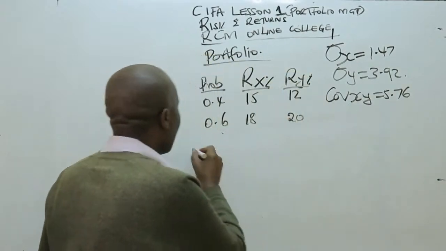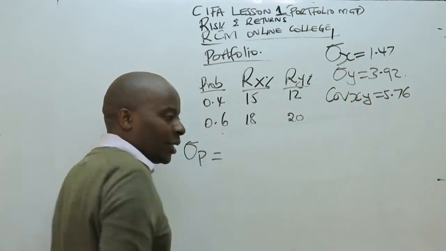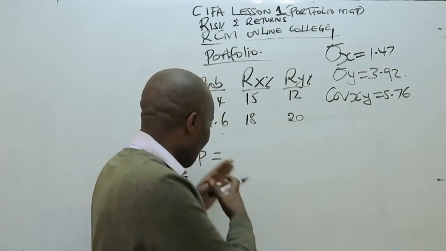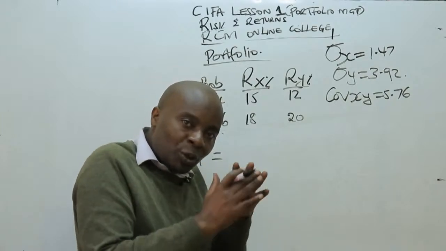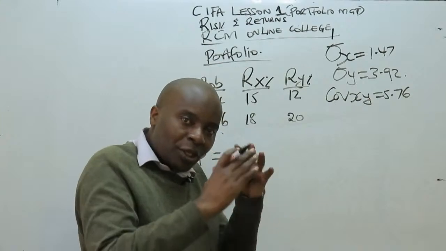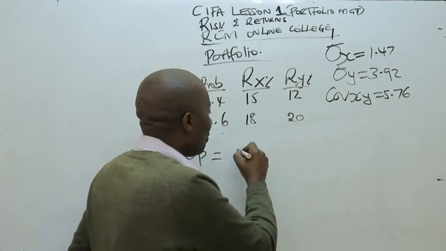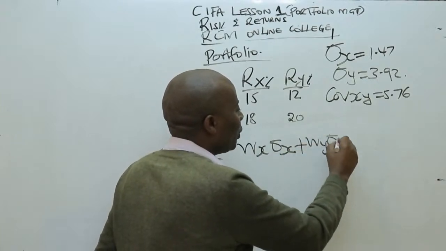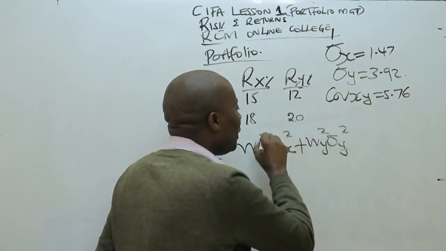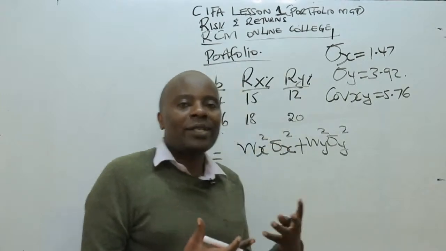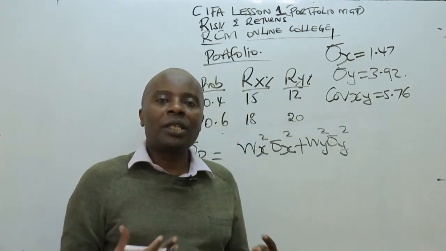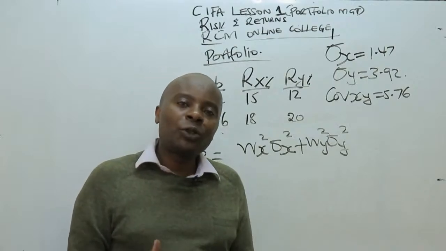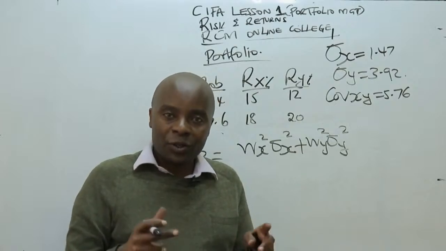To come and get standard deviation of the portfolio, ladies and gentlemen, this is how I will do it. Remember, it is standard deviation of a portfolio which is a combination of assets. So what I'll do is to combine the risk factors. So we'll talk of weight of X, standard deviation of X, plus weight of Y, standard deviation of Y. But remember that these things must be in terms of variances, because mathematically it's not possible for us to add standard deviations directly.